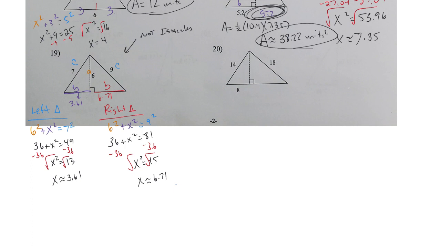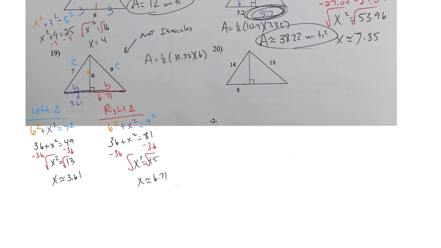So to find my total base, I add both of them together. I'm going to find the area of the big triangle, so I only do area once. So area is equal to 1/2. My base is going to be 3.61 plus 6.71. That's 10.32. My height is 6.